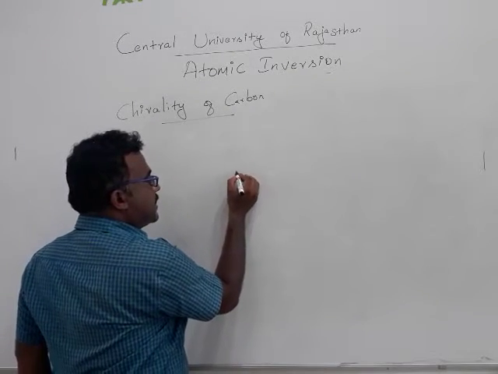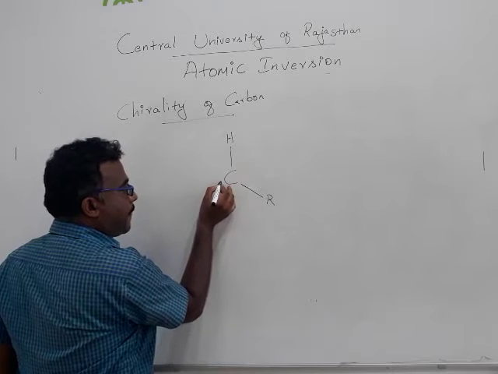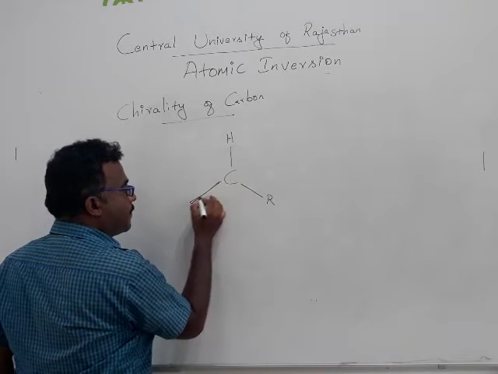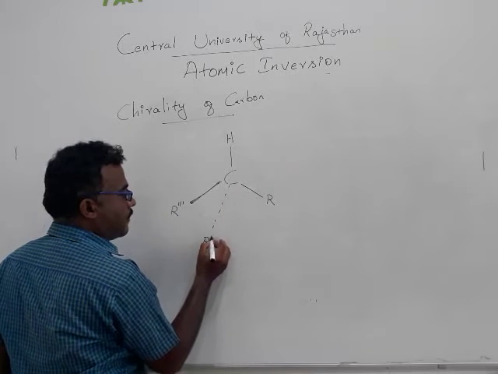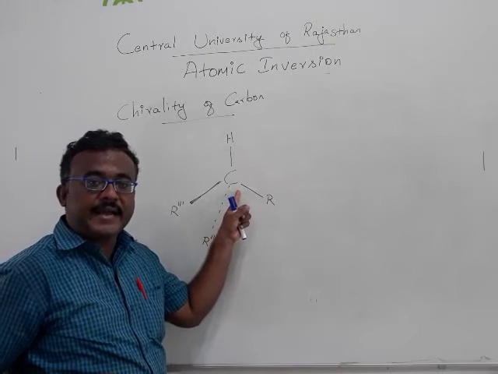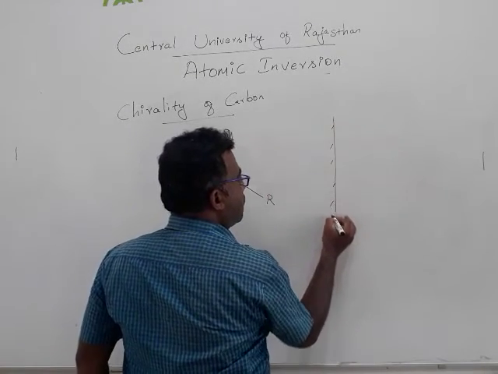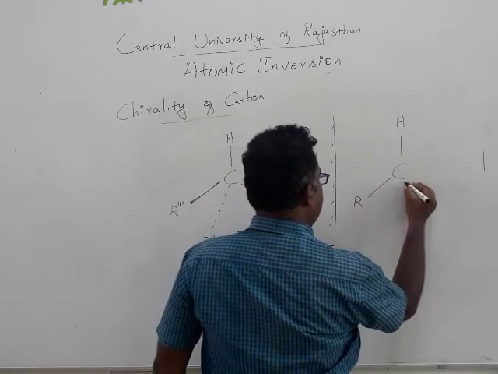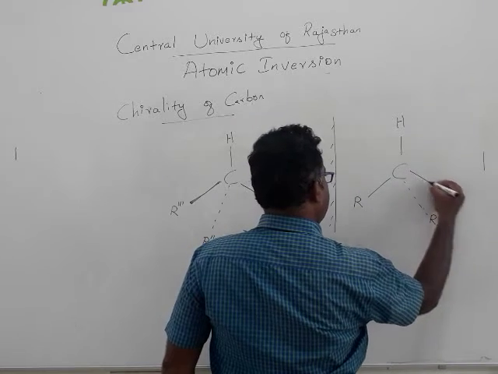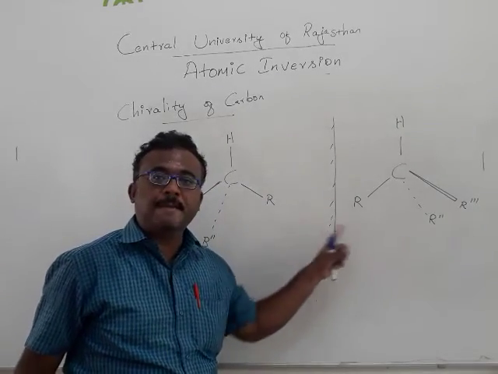We know that if a carbon is surrounded by 4 different substituents, then this carbon will be called a chiral carbon, and its mirror image is non-superimposable.